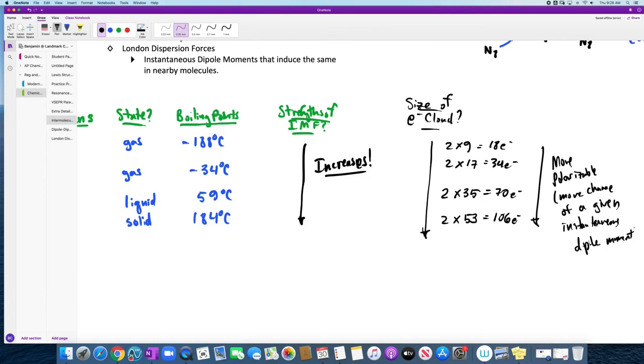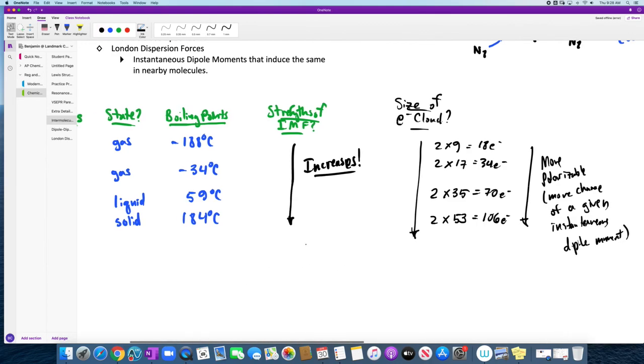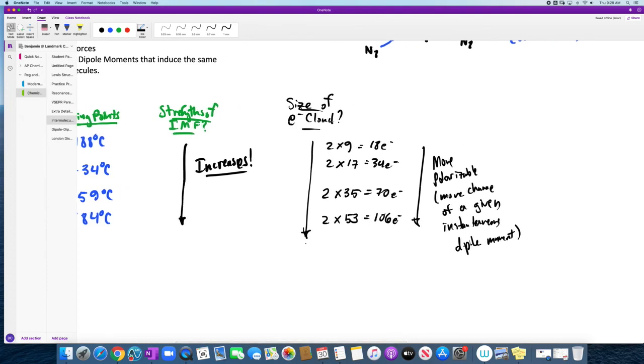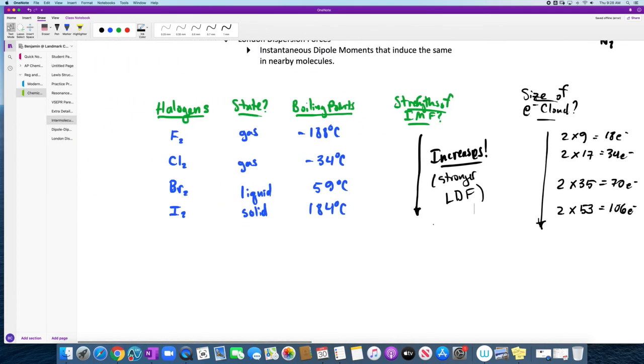And if you can get more instantaneous dipole moments, you've got more of an opportunity for these particles to attract each other with the London dispersion forces. Okay, so stronger intermolecular forces. Stronger London dispersion forces for these nonpolar halogens.